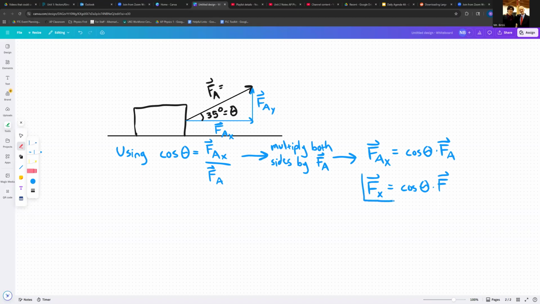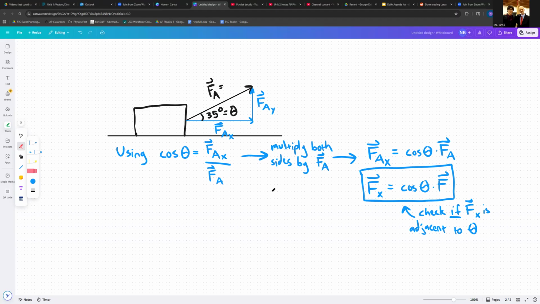Now, this is a good equation to use, and it's a pretty commonly used one. The only word of warning is we should say check if that x component is adjacent to the angle theta. Because if it is, which in this scenario, FAX is adjacent to the angle, so yeah, cosine theta times the hypotenuse gives us that x component.